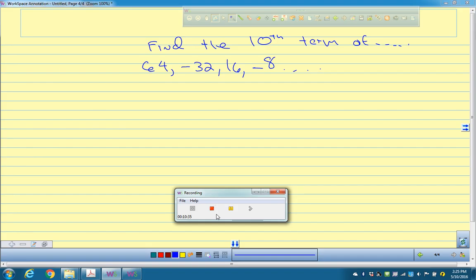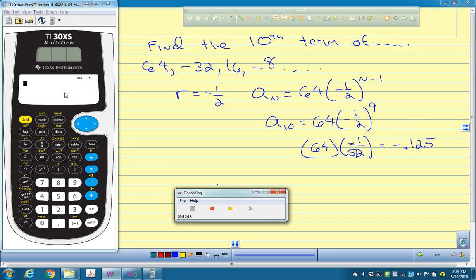So if you didn't get that, if I were doing this on a calculator, I'd say 64, then parentheses. You could even do it like this: negative, and then I'd get my fraction button, which is right there. You can do 1 divided by 2, arrow over, close that parentheses, and then raise that.